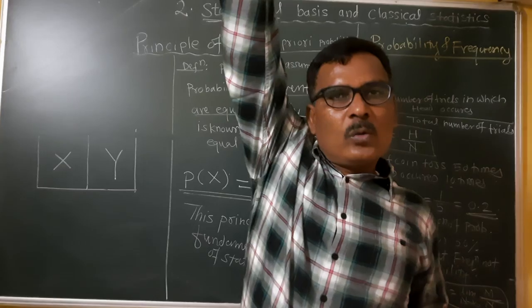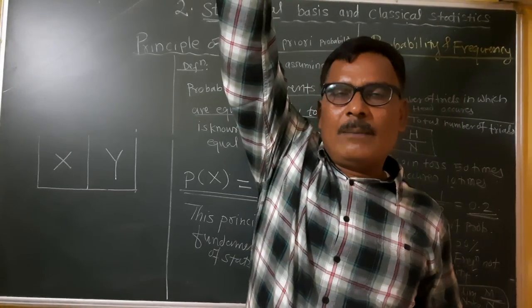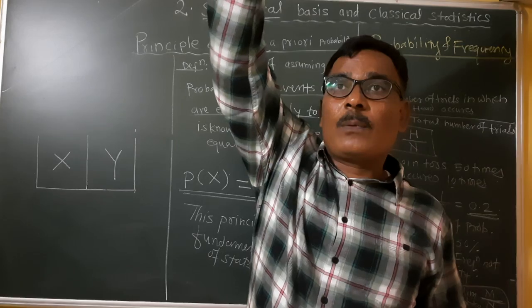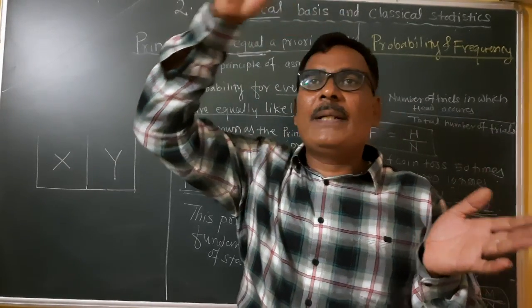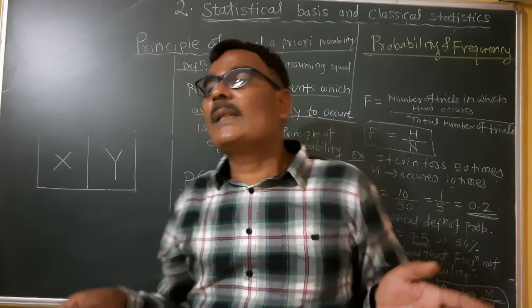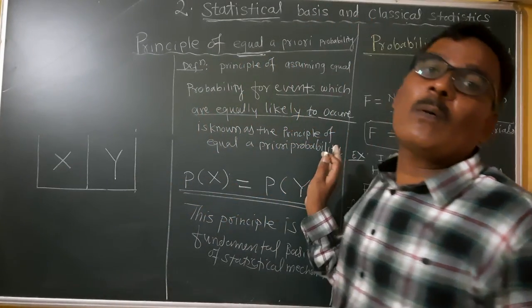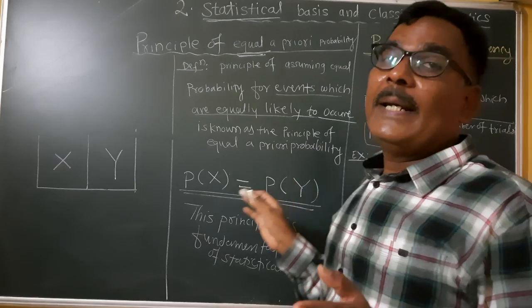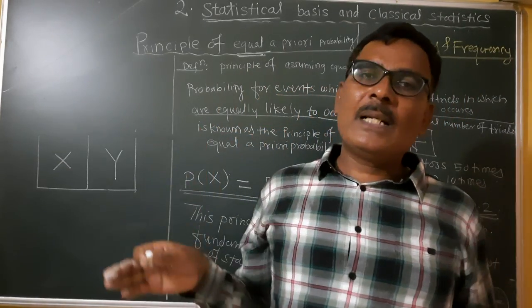We release one particle from some height. What is the probability of it falling in compartment X or Y? The probability of X is equal to the probability of Y, and this holds only when the compartments are similar.